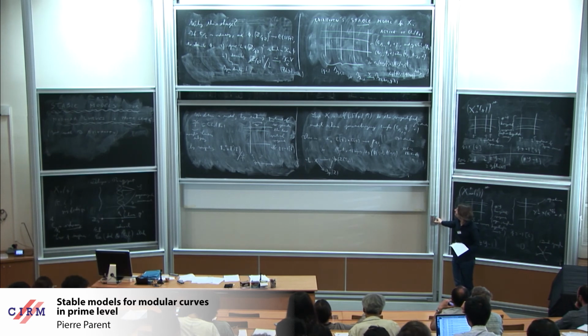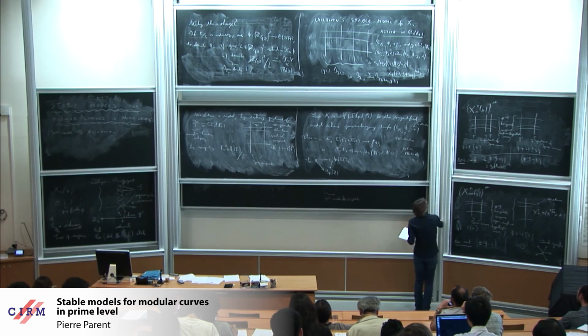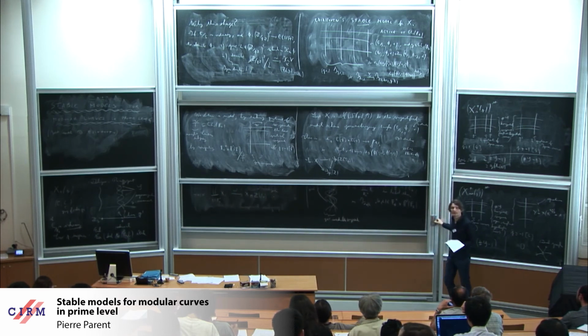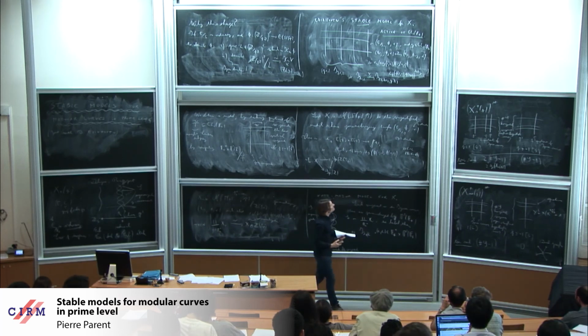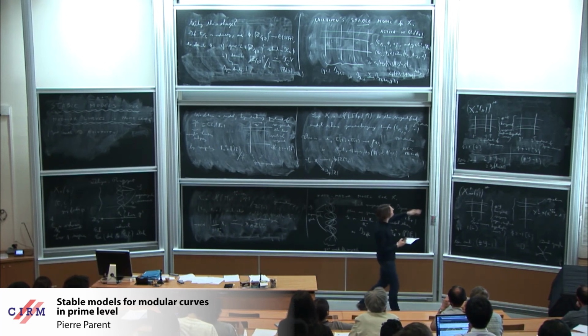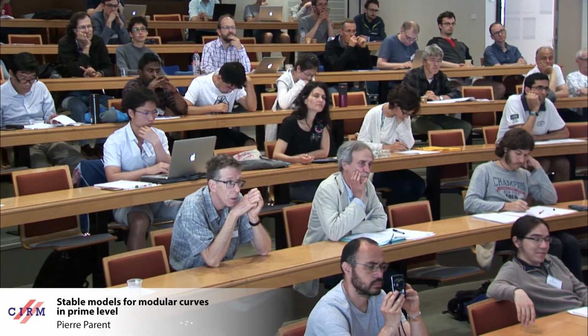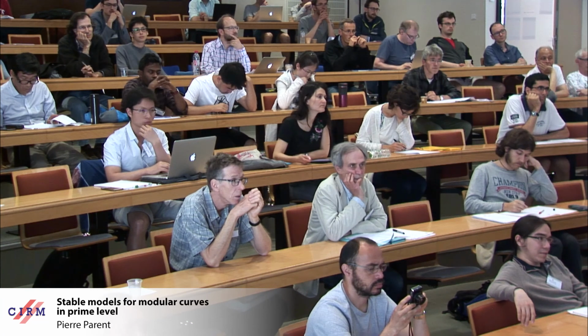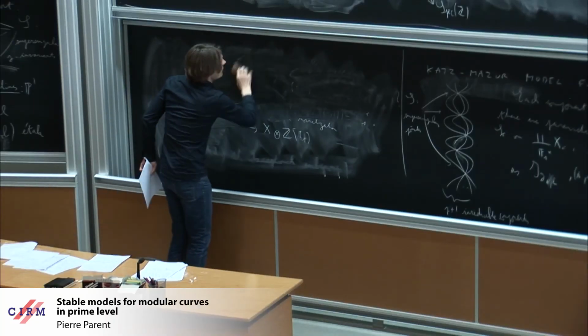And we know also, by other arguments, I mean by a result of Baran, that in level 13, the two curves X split and X non-split are isomorphic. And this sounds problematic because it is quite clear from this drawing that first, those curves don't have good reduction, and two, the two curves are not isomorphic. I mean, the combinatorics of the graphs are not the same. But yet, it works, because of the following reason.